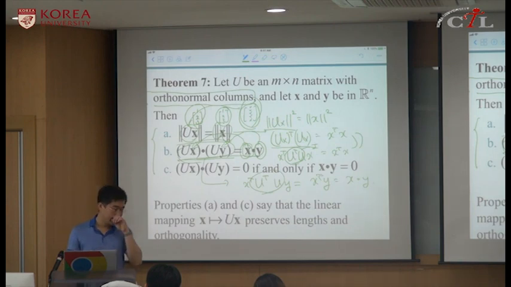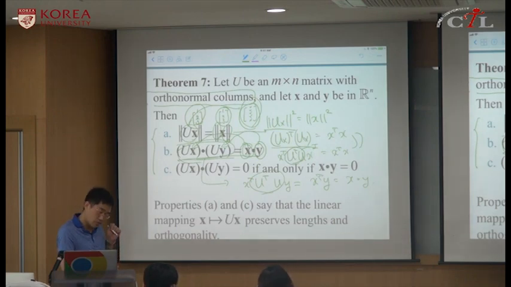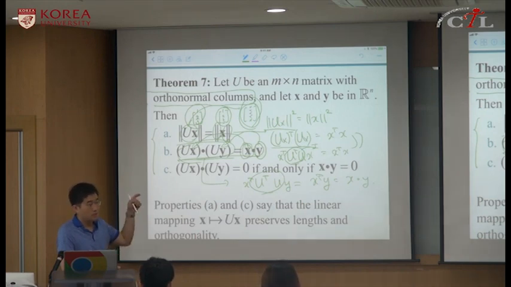Okay? So combining items A and B, we can obtain another interesting characteristic of this transformation defined by this matrix with orthonormal columns. The first item is saying that the vector length doesn't change at all.